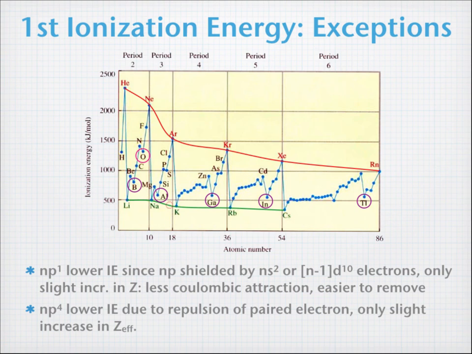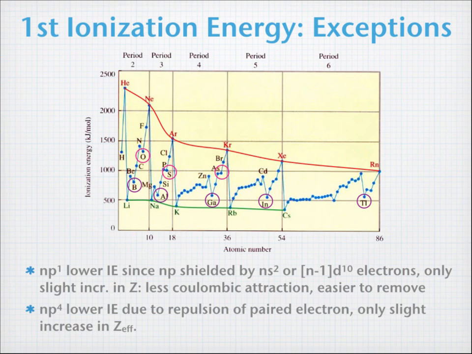Likewise, we can see the decrease in the ionization energy as we go from nitrogen to oxygen, from phosphorus to sulfur, and a modest, slight increase as we go from arsenic to selenium. The reason for this is that as we populate that fourth electron into the p orbitals, so oxygen, sulfur, arsenic and selenium all have p4 electrons, the paired electron experiences electron-to-electron repulsion.